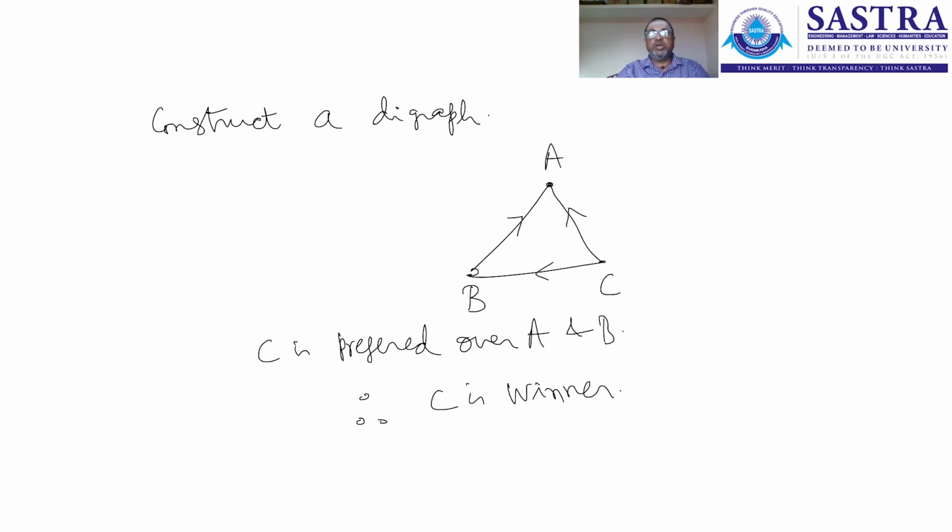But when you count the number of votes for the first position, you could see that C was last. Yet C had a greater influence among the students. By constructing the digraph, we were able to decipher the influence that C has over A and B, or over the students when compared with A and B. Based on this, you can also declare C as a winner.